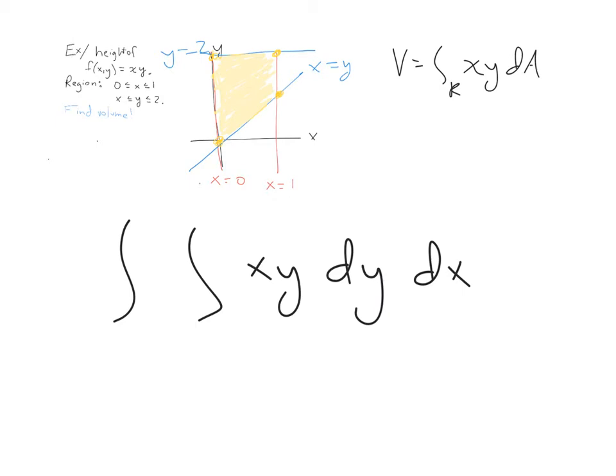And our upper bound is y equals 2 for everyone. So that's nice to write in, y equals 2. And our lower bound seems to be y equals x. And then our other bounds, we're doing all of this stuff between 0 and 1, so they are x equals 0 and x equals 1.